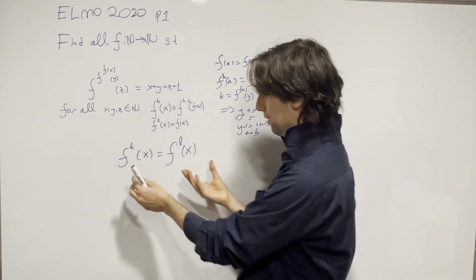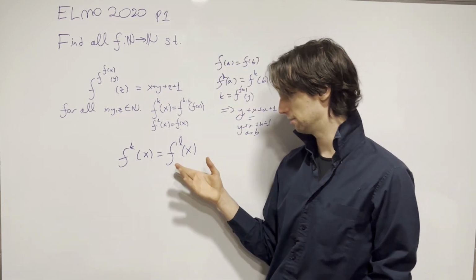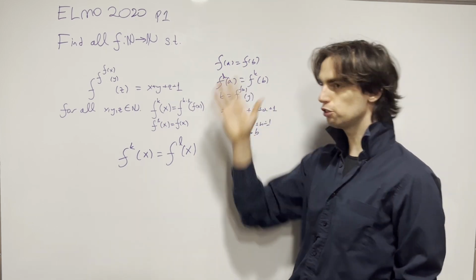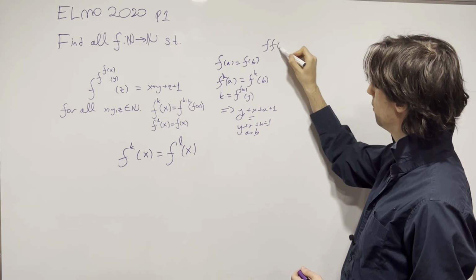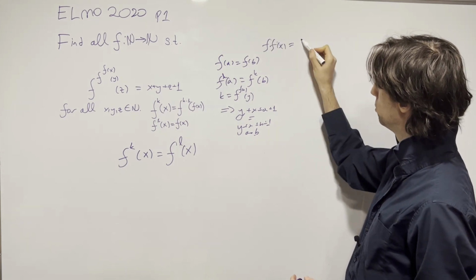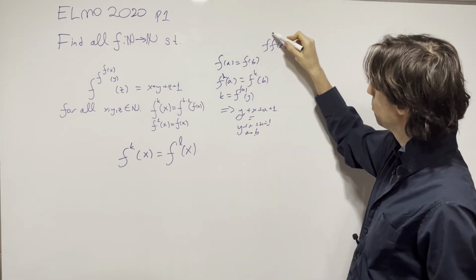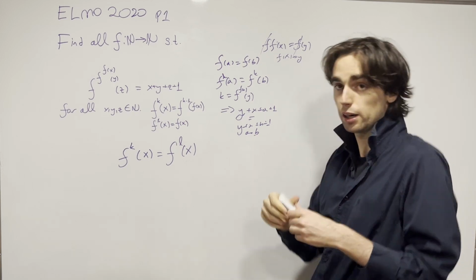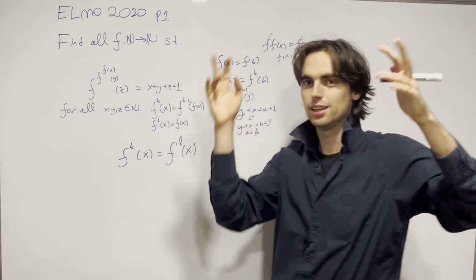And now if we have f of x applied k times is equal to f of x applied l times, an injection is really just getting rid of one of the f's. Like if we have f of x equal to f of y, an injection just says I can get rid of one of these f's and I'll get x is equal to y. That's what an injection is really doing, as a rule of thumb.